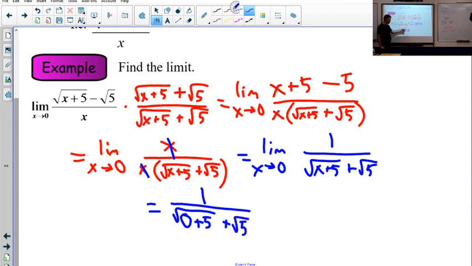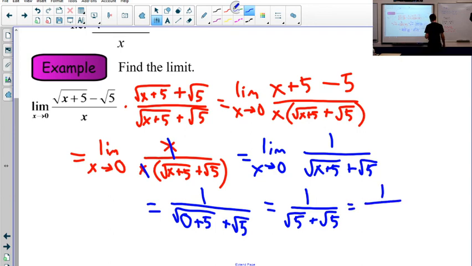Notice now that I've plugged in the number, I can get rid of the limit notation. But I kept it all the way until I plugged in 0. 1 over square root of 5 plus the square root of 5 equals, this is not square root of 10, this is 2 square root of 5. 1 over 2 square root of 5.